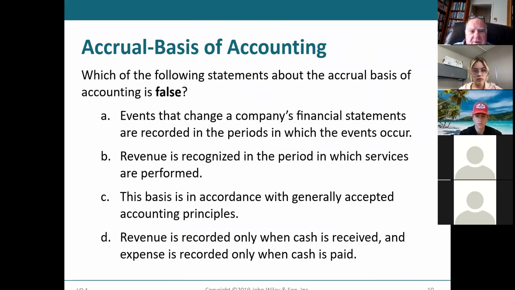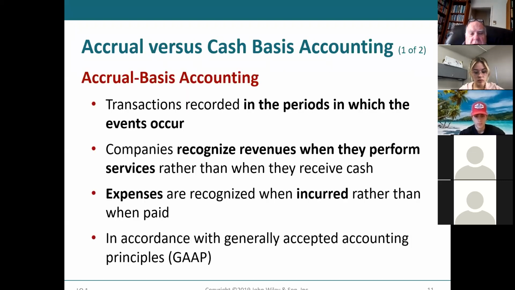Which of the following about the accrual basis of accounting is false? Obviously, D is wrong. Revenue is recorded only when cash is received. No, cash has nothing to do with it, okay? Accrual-based accounting, once again, we're doing everything when they occur.